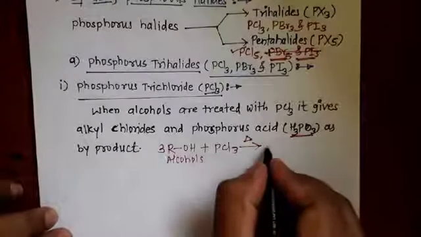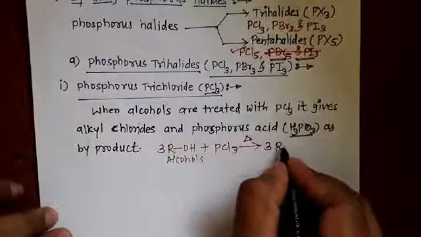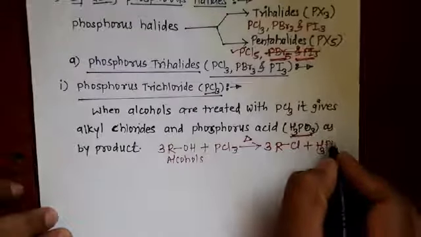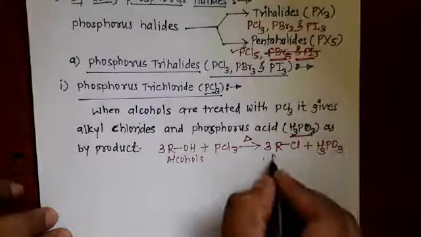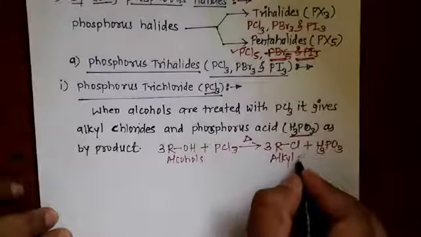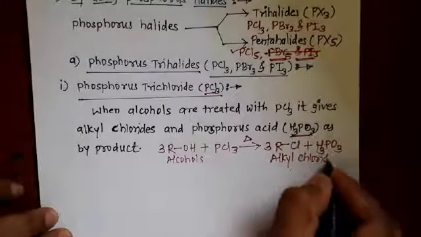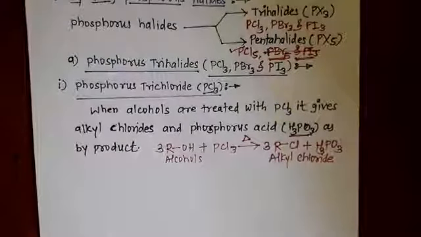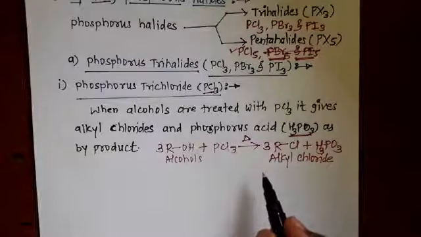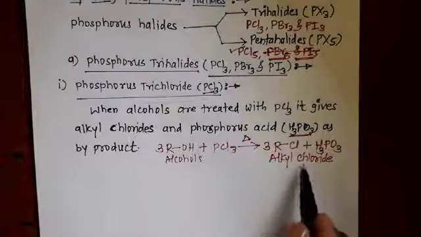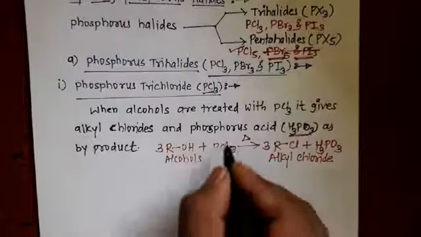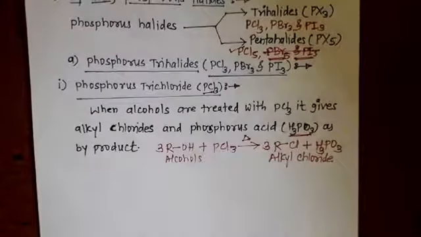They produce 3 moles of alkyl chloride and phosphorus acid as byproduct. This is the general reaction of preparation of alkyl chloride by using alcohols and phosphorus trichloride.